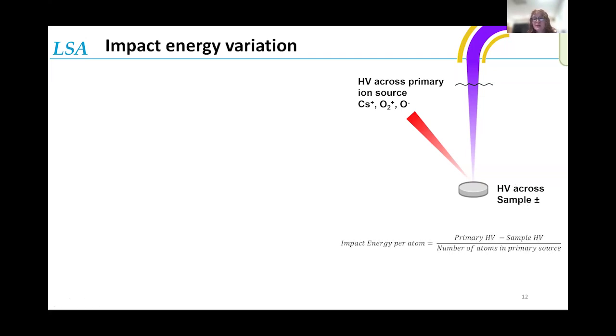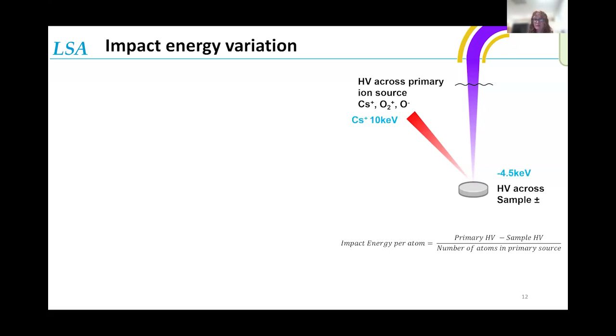And when doing this, we can work out the impact energy of the primary onto the sample: the primary high voltage minus the sample high voltage, divided by the number of atoms in the primary source. If it's just cesium, there's just one atom or one ion. But with O2 plus, we have to divide it by 2 because you're hitting the sample with a molecule, which reduces the impact energy.